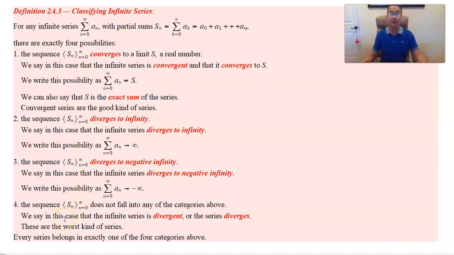Or, and we saw that this could happen for geometric series where the common ratio is negative, the partial sums don't fall into any of the three categories above, does not get closer and closer to a limit s. The partial sums don't get bigger and bigger, or more negative as we add more terms, in which case we say simply that the infinite series diverges.